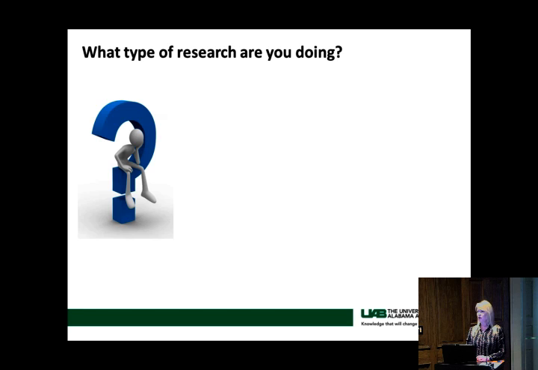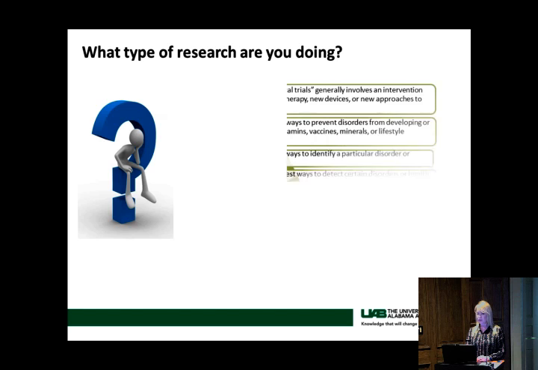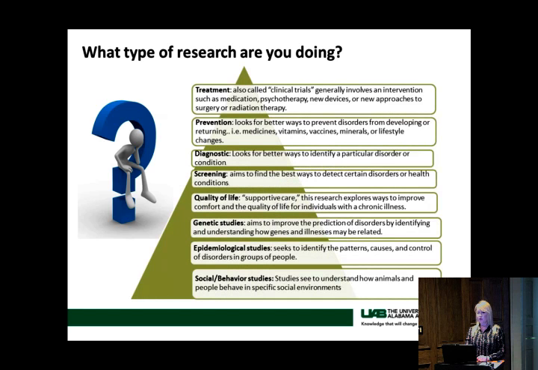Some of the things we've talked about is, are we doing industry study? Are we doing an investigator-initiated study? So here we're talking about, is it treatment, prevention, is it diagnostic, quality of life? There's so much research that we do here on campus. So identifying that study and then going from there and knowing what you need for that study is your starting point.